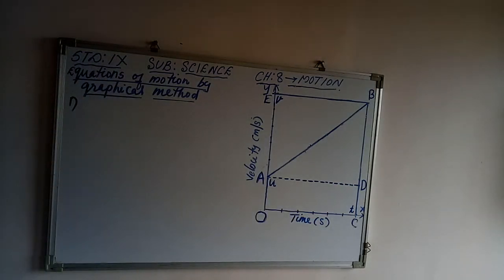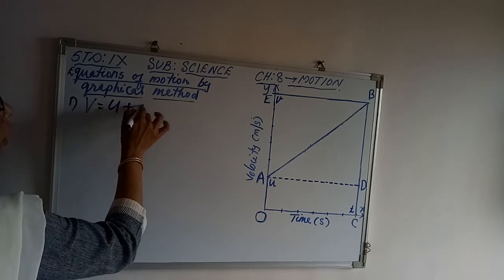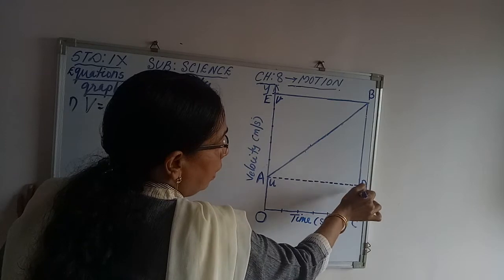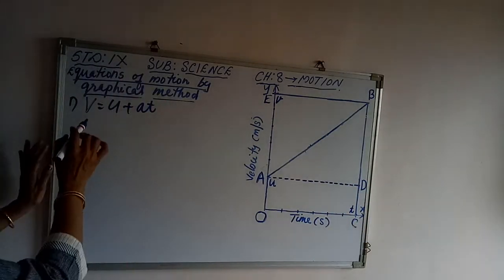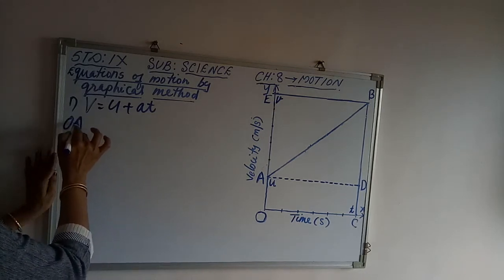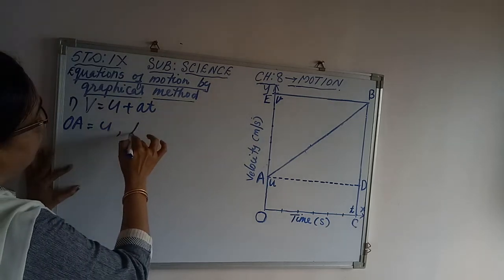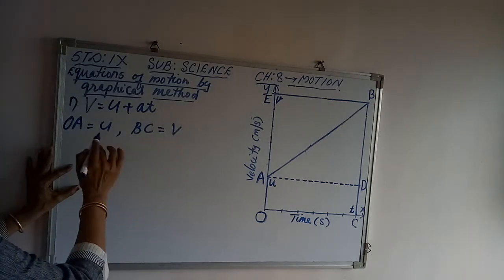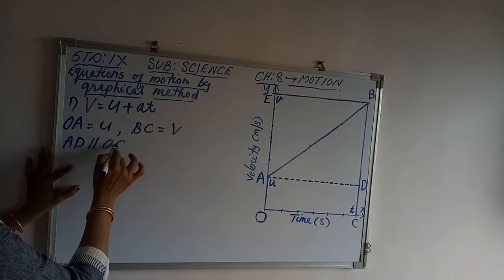Then we know that BC is equal to BD plus DC, isn't it? So OA is equal to U, which is the initial velocity, then BC, which is the final velocity, is equal to V. And the construction made is AD parallel to OC.